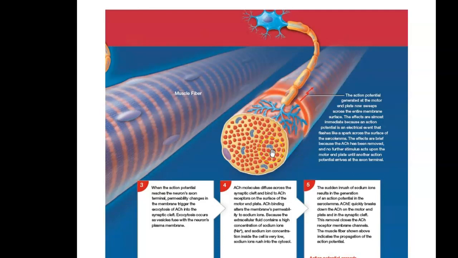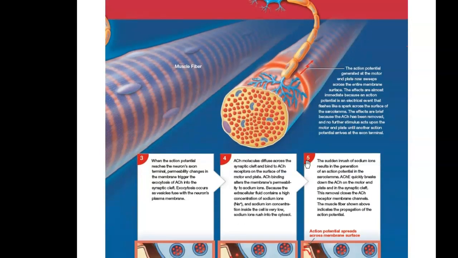So once sodium comes in, it changes that voltage from -70 to a more positive number, like -55. That's the threshold level that it has to reach to generate an action potential. And then more sodium is going to rush in, and that's going to lead to an action potential, and it's going to travel all the way down the length of that muscle fiber. So that's the nerve impulse portion.